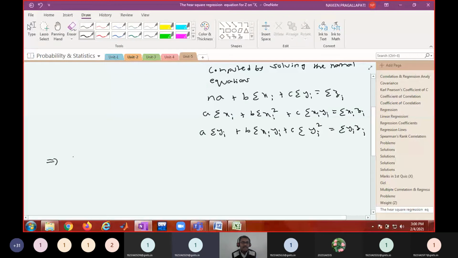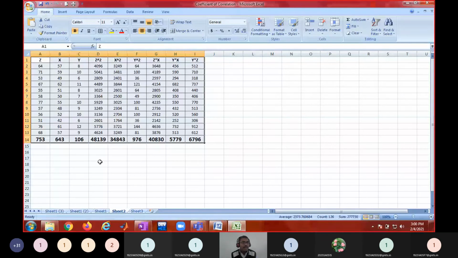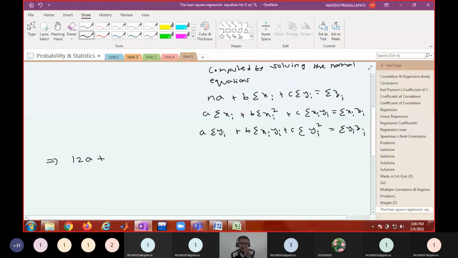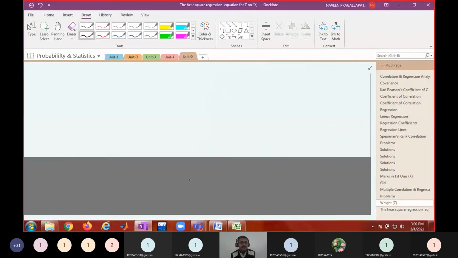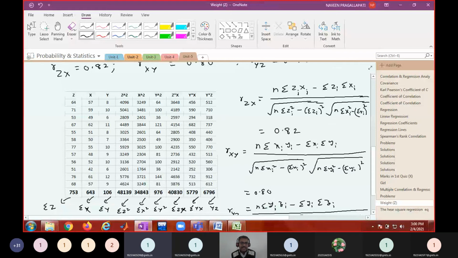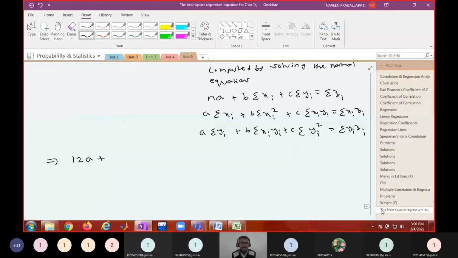This implies 12a plus sigma xi, which is 643, plus b 106 plus c 106, equal to sigma zi.